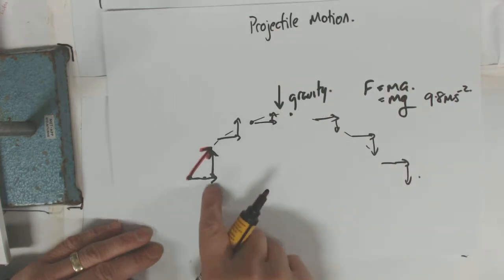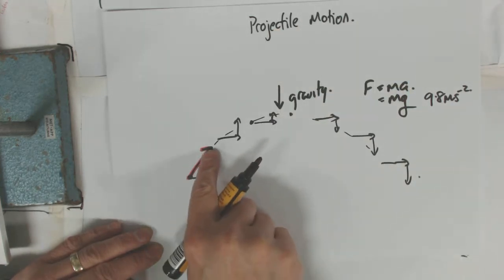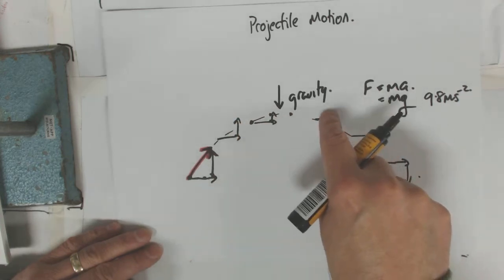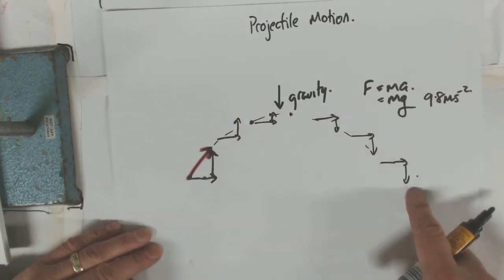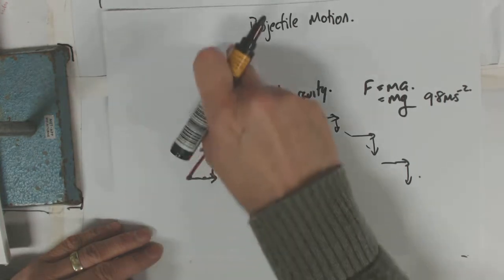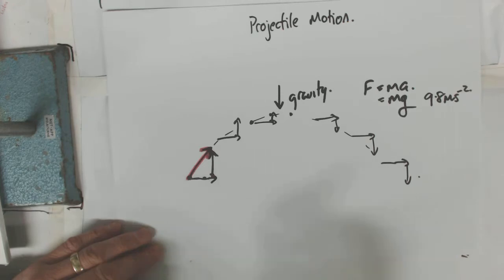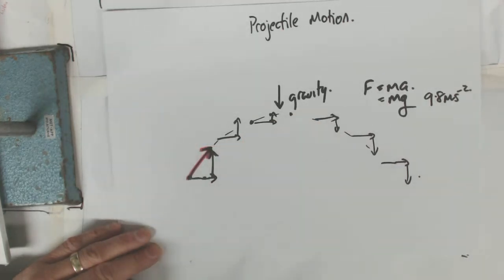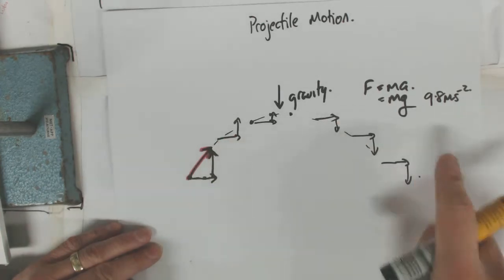First, that acceleration slowed it down, so it was positive up, getting smaller and smaller until it stopped. Then it started to get negative, bigger and bigger as it came down. So the vertical velocity went from positive up to negative down, from big to nothing, and then got bigger again. The horizontal velocity stayed the same the whole way.